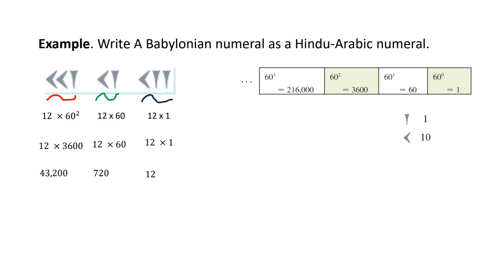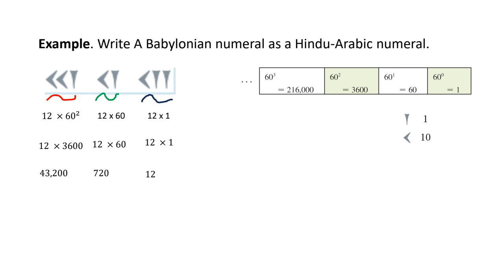I don't think this is quite right. It should be 11 times 60, which is 660. And then the other one should be 21 times 3,600. And then at the end, you're supposed to add the 12 that we have in there.